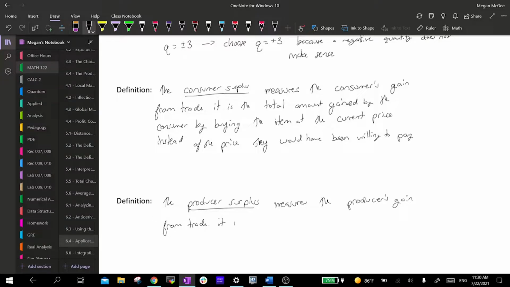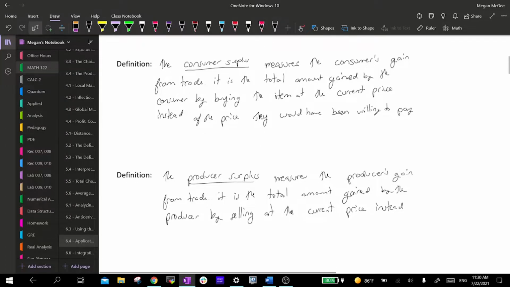It is the total amount gained by the producer by selling at the current price instead of the price they would have been willing to sell at.